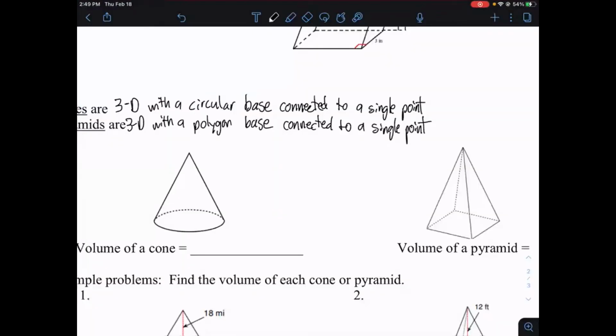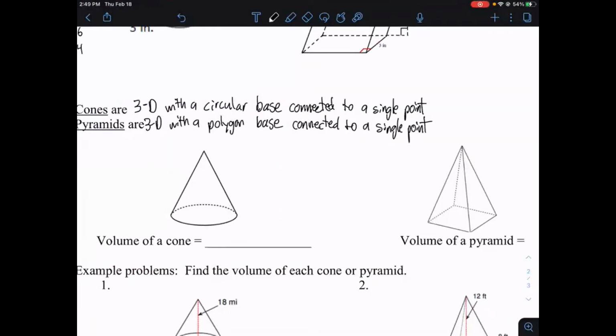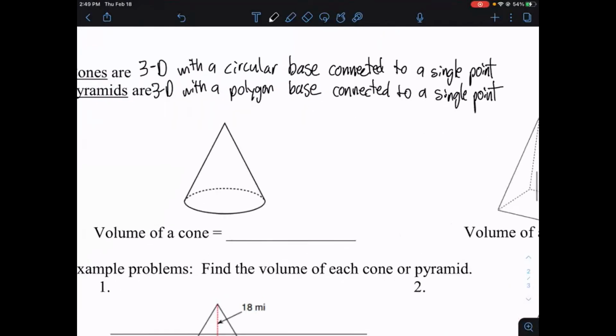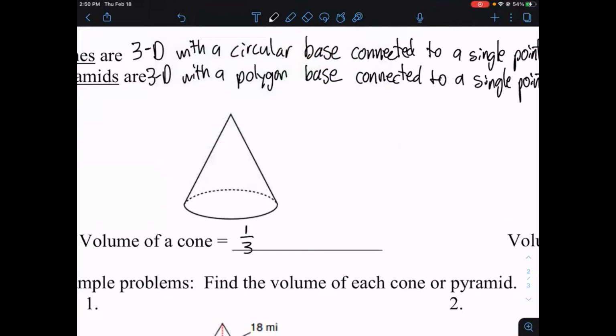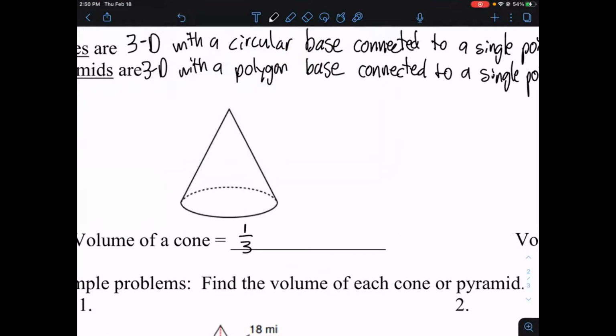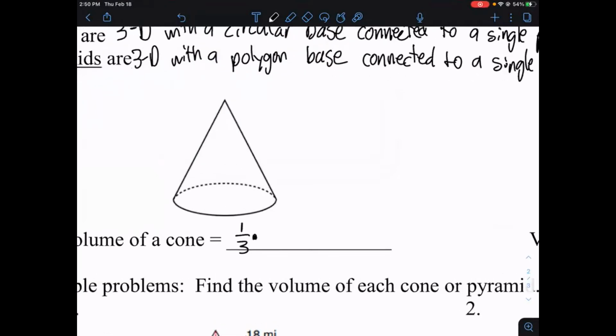Okay, so the volume of a cone then. Again, the 1/3 comes from the fact that it takes 3 of them to fill up a full cylinder. But then after that, the rest of it looks familiar.